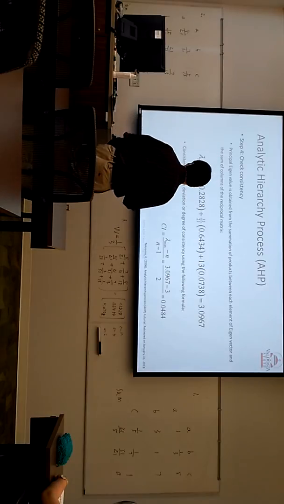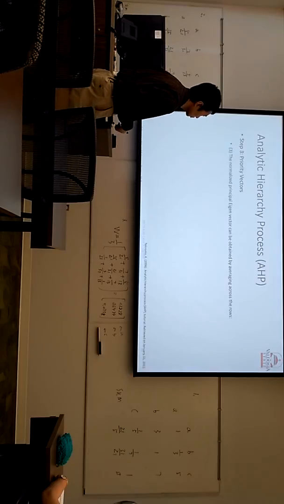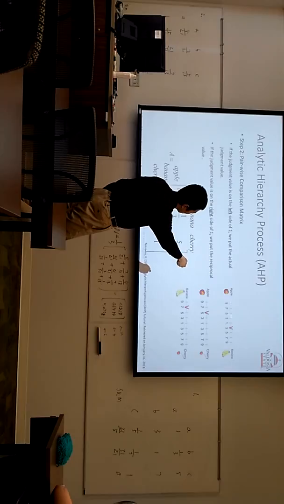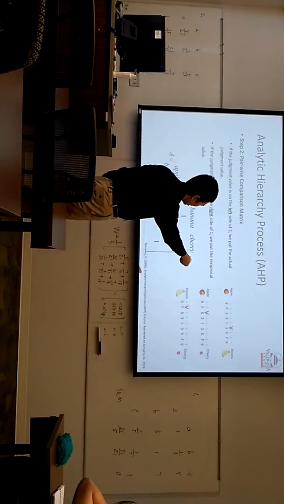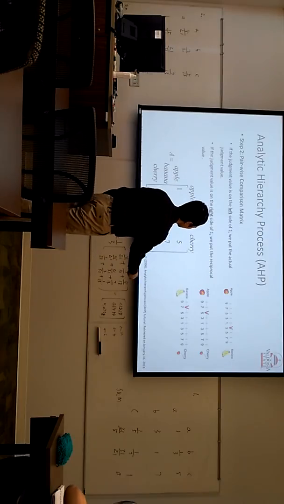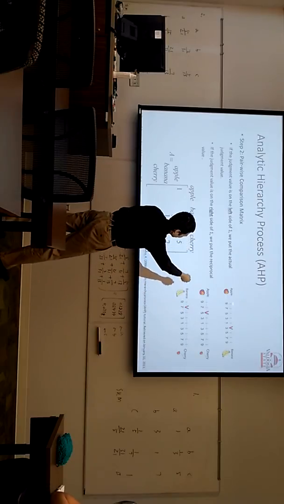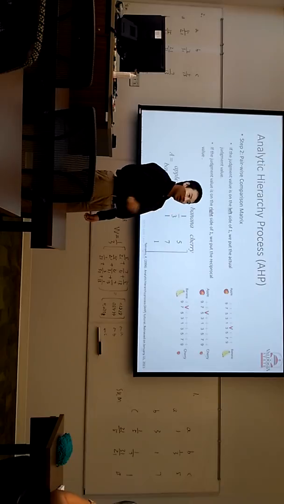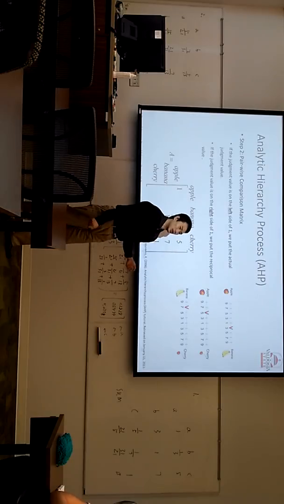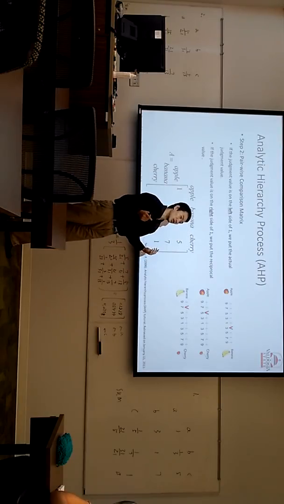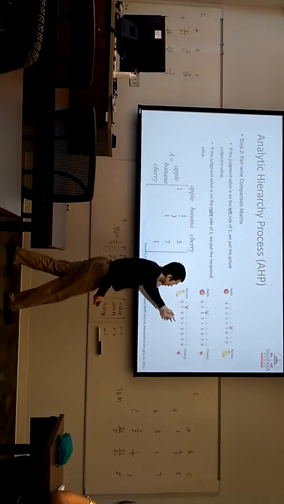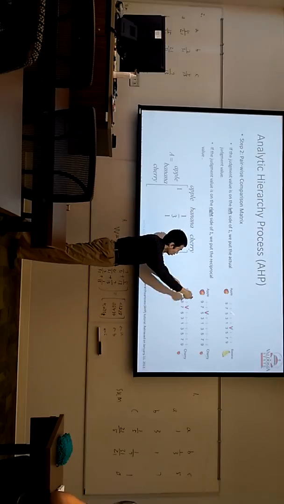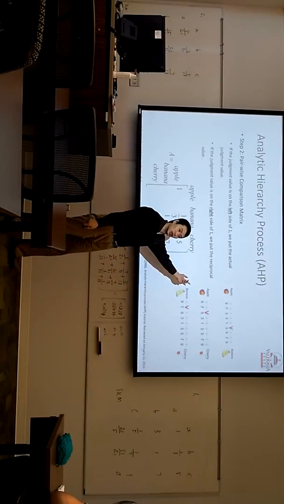If I go back here, I said between apple and banana, I like banana better, and I like banana better than cherry, and I like apple better than cherry. But in some cases, for the third comparison, I may make a mistake. I may say I like cherry better than banana, which is inconsistent with the previous selections.